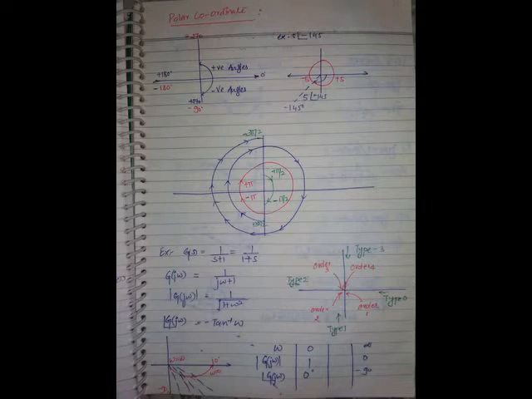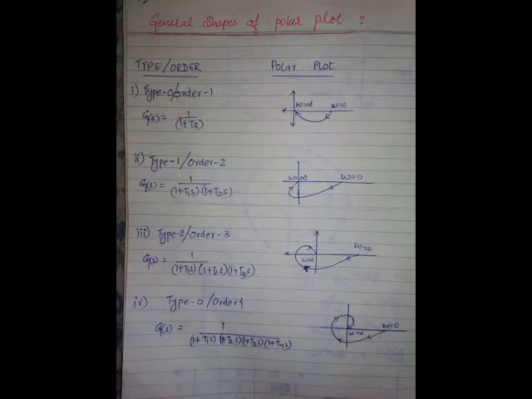So with respect to this type and order, there are some general shapes. If you remember these general shapes, it is more than sufficient. General shapes of polar plots.